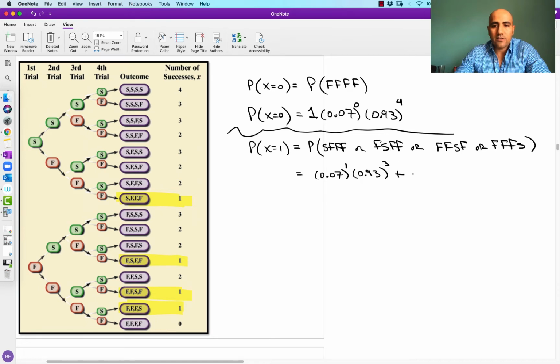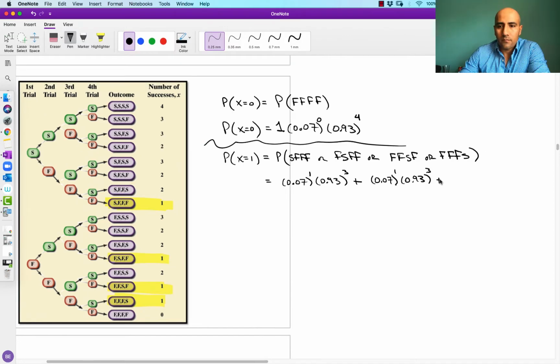Plus, and now we do the next one, and this one would again be 0.07 to the power of 1 times 0.93 to the power of 3, plus 0.07 to the power of 1 times 0.93 to the power of 3. And finally, the last one, which is going to be the same thing, another plus 0.07 to the power of 1 times 0.93 to the power of 3.